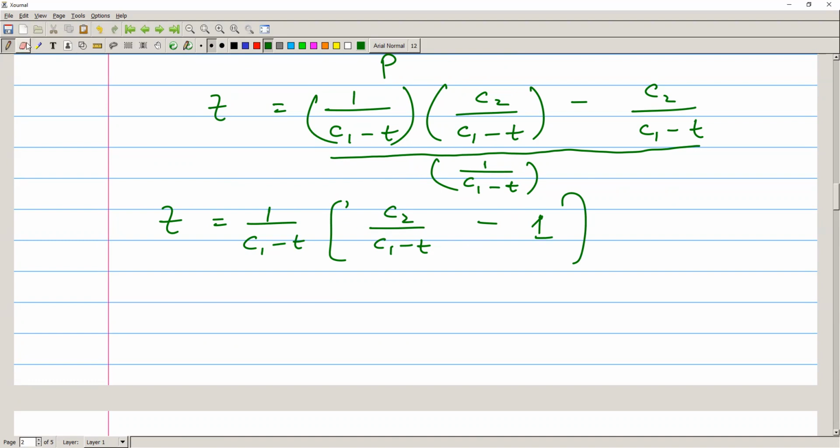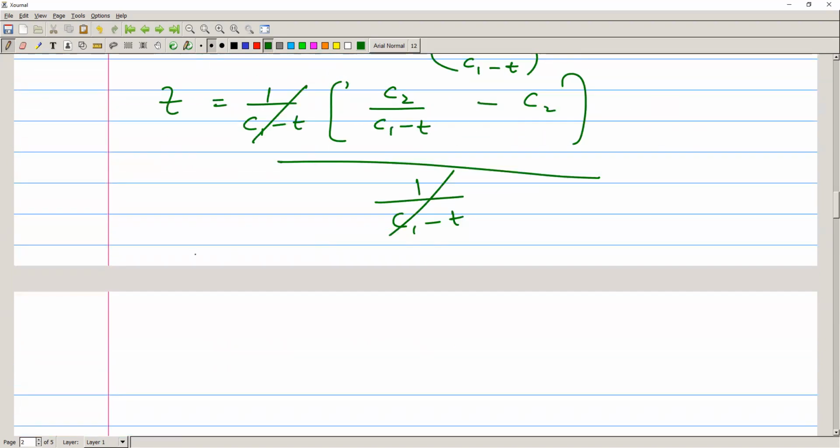Here it's c2, sorry. It's minus c2. So now 1 over (c1 minus t) will cancel out, and we will be left with z is equal to c2 over (c1 minus t) minus c2.